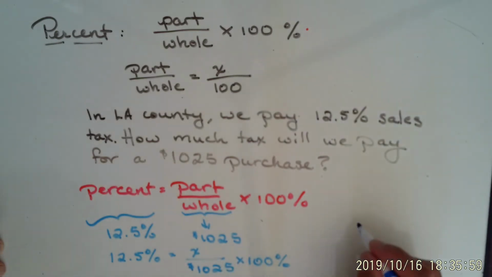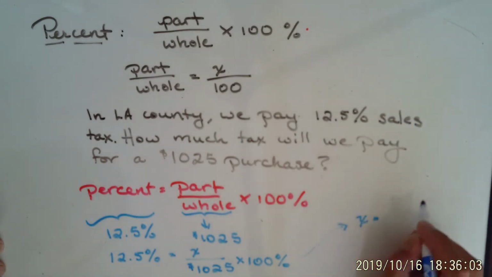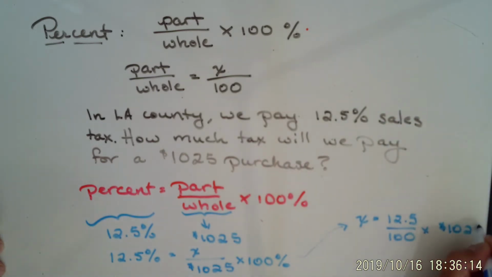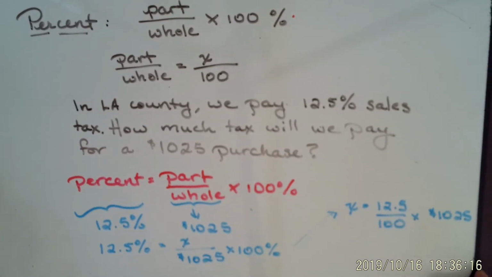So now if we solve for x, it's going to be equal to 12.5 divided by 100 times the 1,025. Okay?